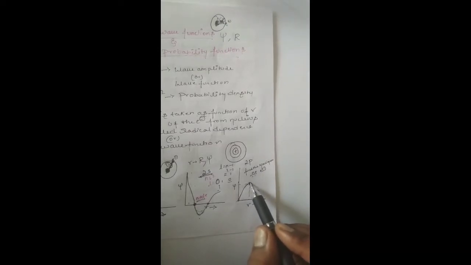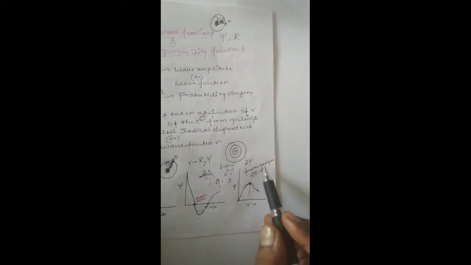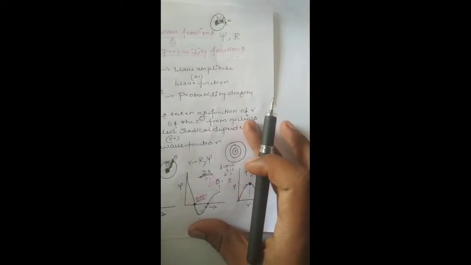This maximum point is the CR, critical radius. This critical radius point can find the maximum number of electrons. This is the radial wave function.